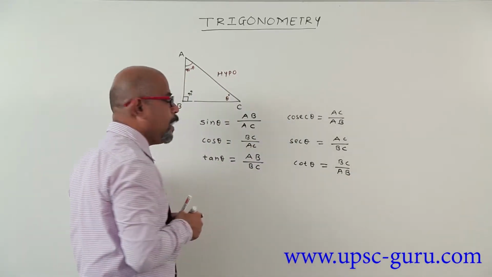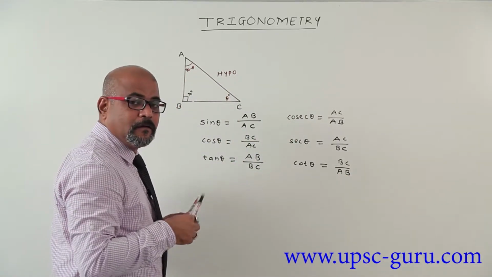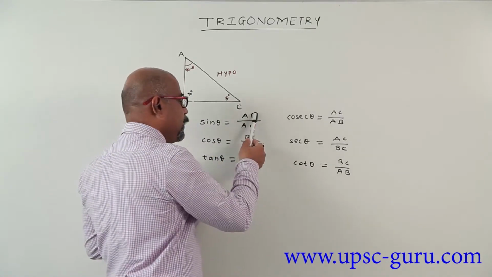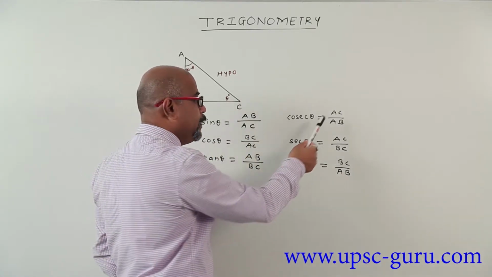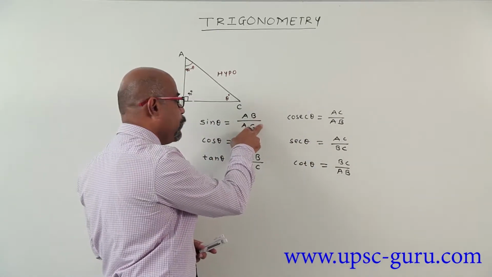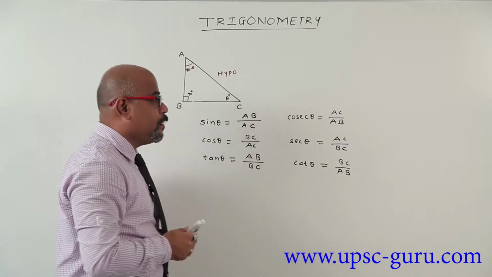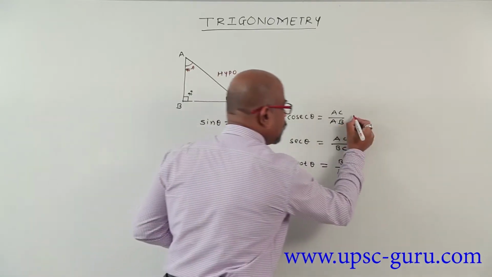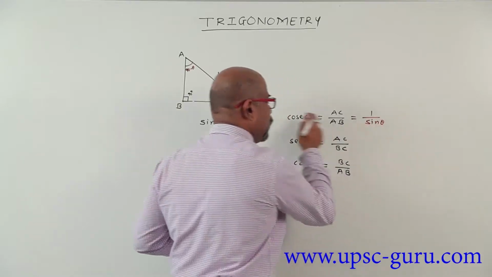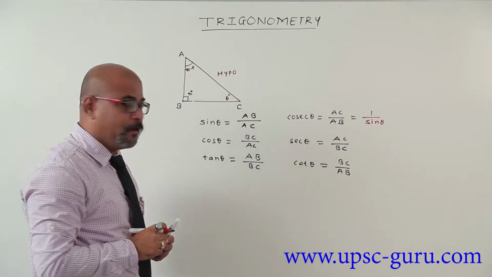Now here we observe that cosec theta and sin theta: sin theta is AB upon AC and cosec theta is AC upon AB, that is reciprocal of AB upon AC. Therefore cosec theta equals to 1 upon sin theta, or vice versa, sin theta equals to 1 upon cosec theta.